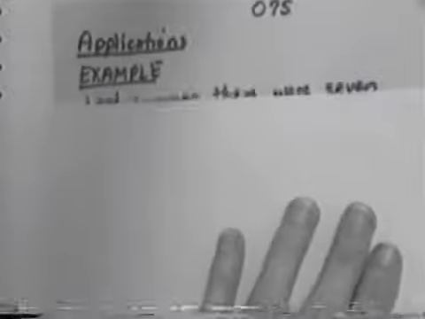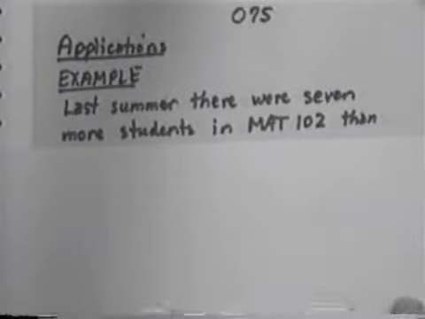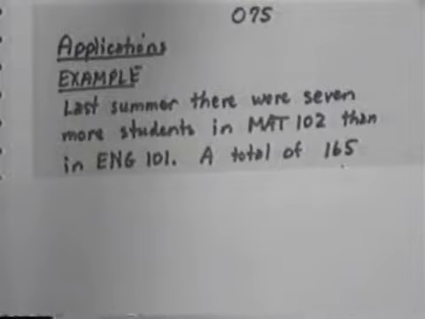Now let's look at an application that is not consecutive integers. Under our applications, we're going to look at one example, and we're going to relate it to classes at RCC. The example reads, last summer there were 7 more students in Math 102 than in English 101.